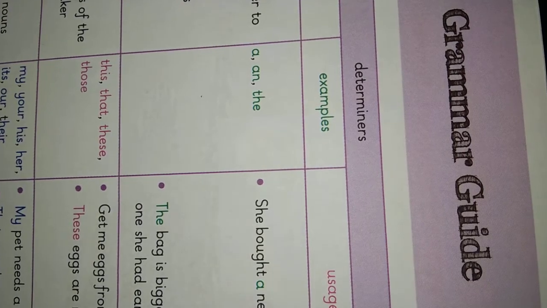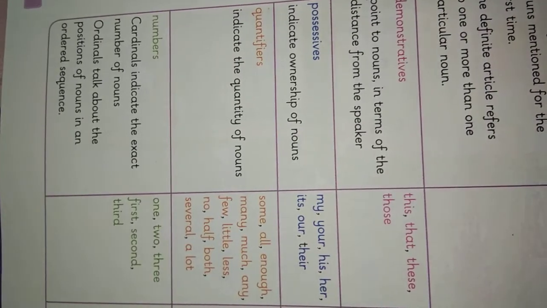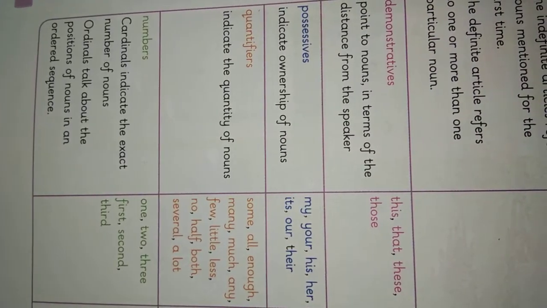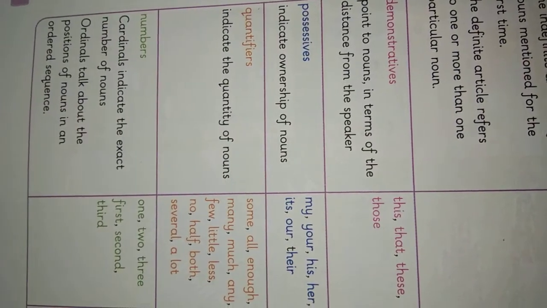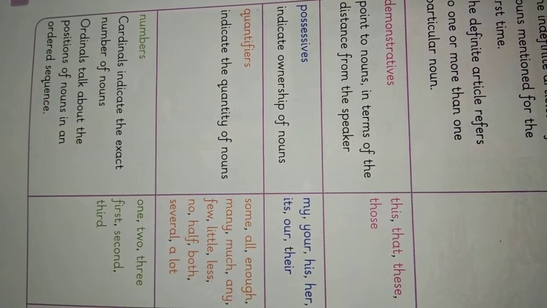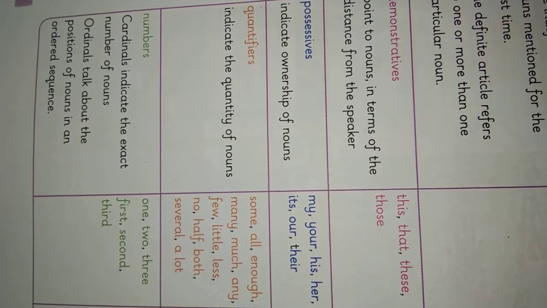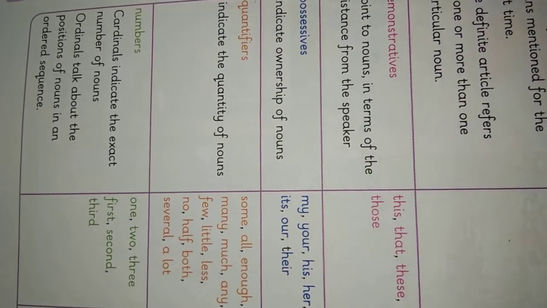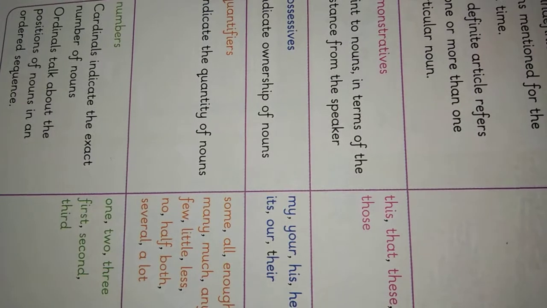They are quantifiers: a few, fewer, little, many, more, most, some, any, etc. They are numbers: 1, 2, 3, etc. So there are a lot of determiners. Sometimes we don't use a determiner before the nouns, and that is called zero determiner.